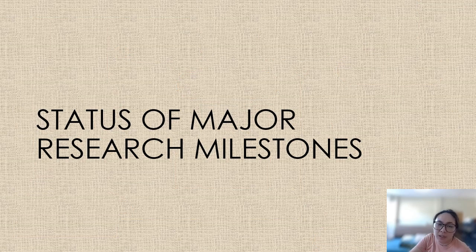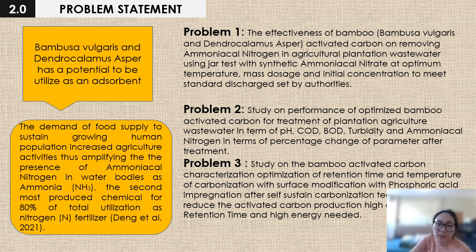Next is the status of my research milestone. For the problem statement, we need to see the effectiveness of this bamboo in removing ammoniacal nitrogen from agricultural wastewater using a jar test.